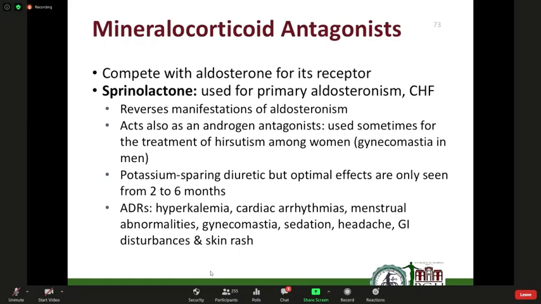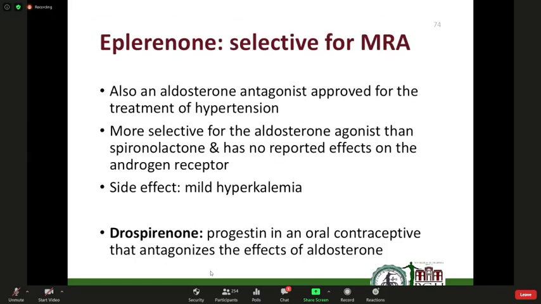Now, spironolactone has these adverse drug reactions, especially the disturbing gynecomastia in men and the problems with hyperkalemia, and thus a drug that is more selective for the mineralocorticoid receptor has been manufactured. It's called eplerenone.